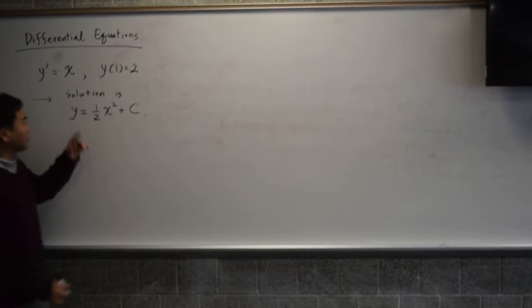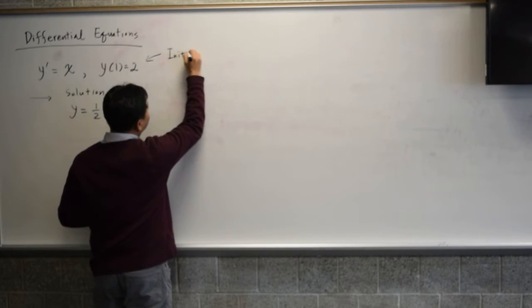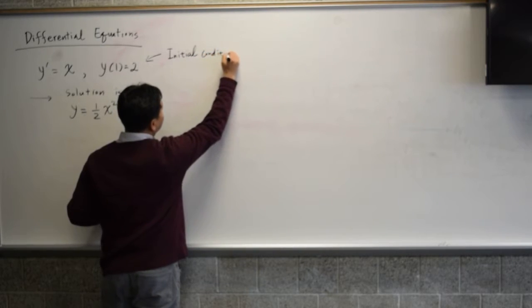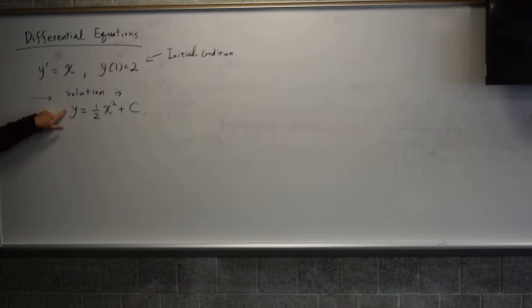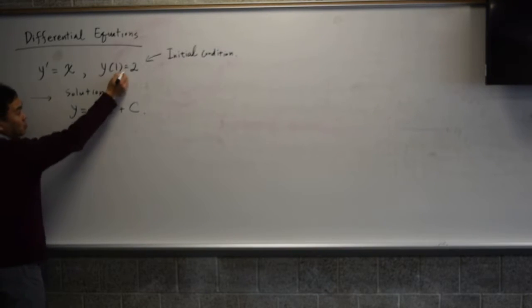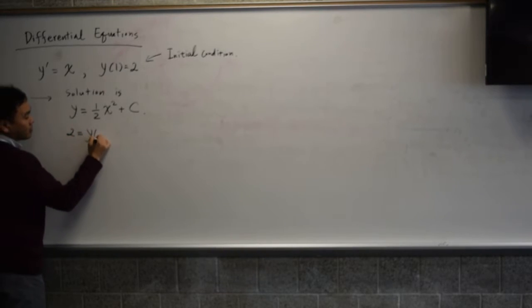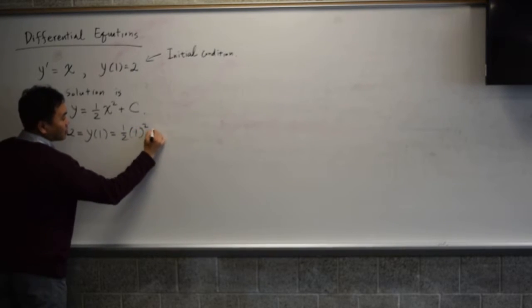If you have something like this, which we call initial condition, then in the solution, not only you have this, but you also have to satisfy this requirement, which says 2 is y of 1. That's 1/2 times 1 squared plus c, isn't it?